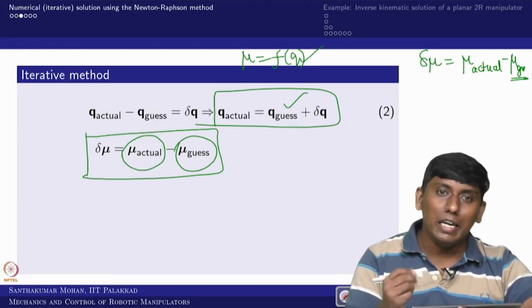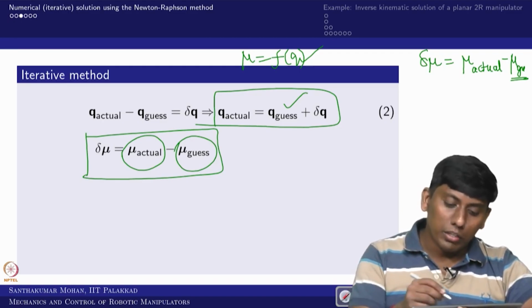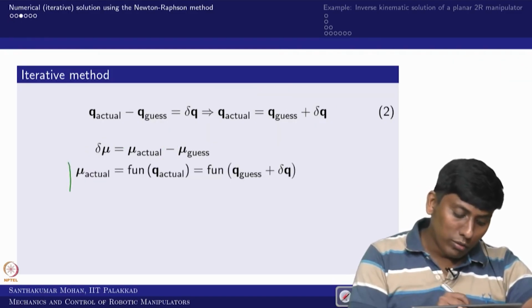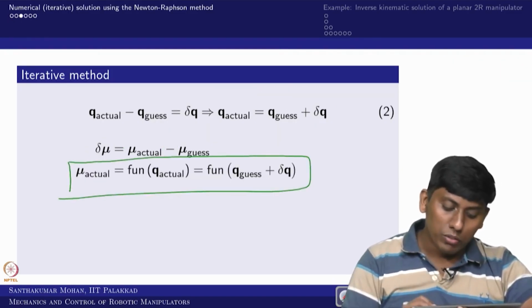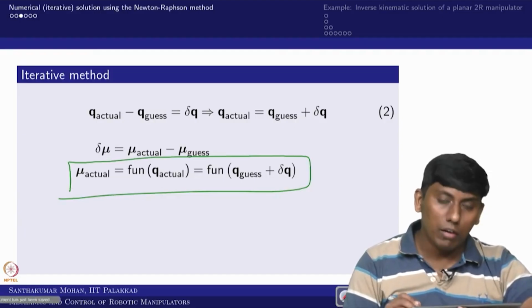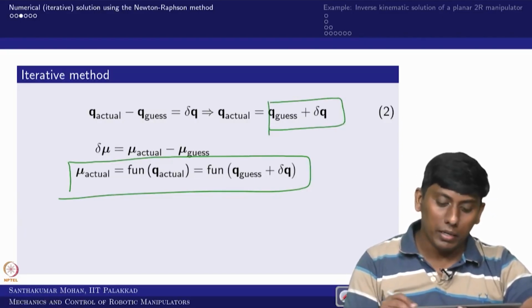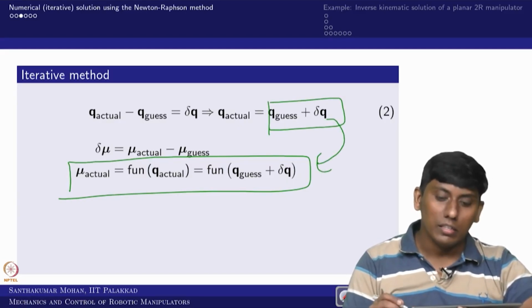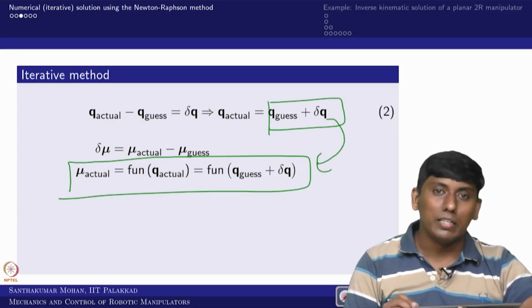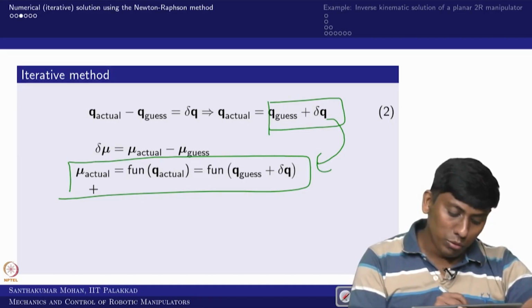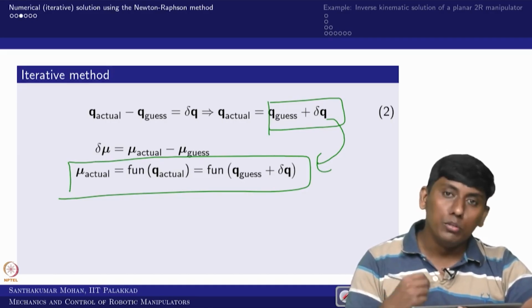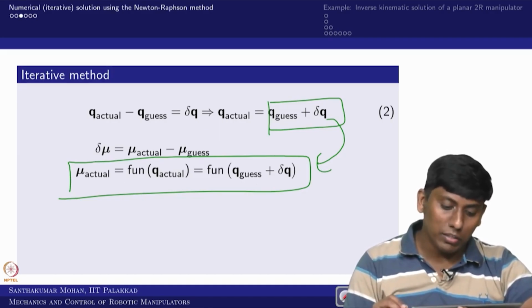Can we relate anything? Yes. For that we take mu actual. It is a function of q actual, but q actual we have written in this form, right. Now you substitute this, and you get q guess plus delta q. So you can write mu actual in this form and use a Taylor series expansion.